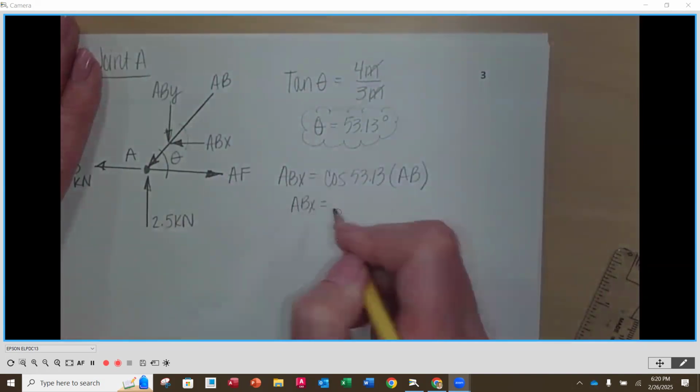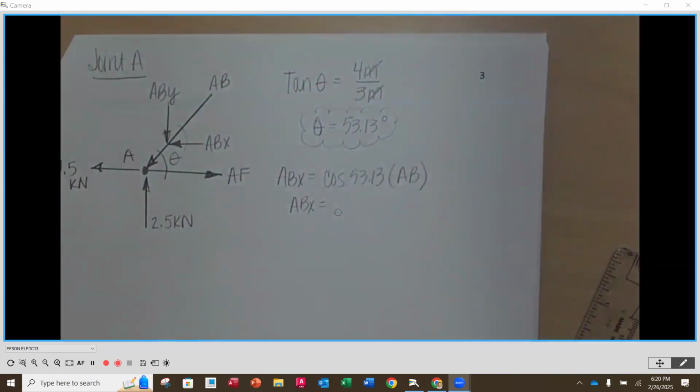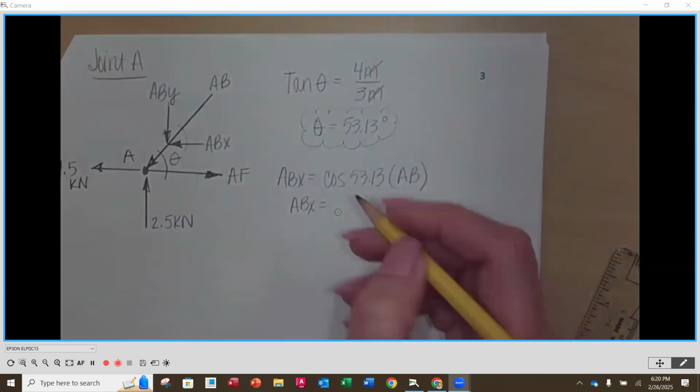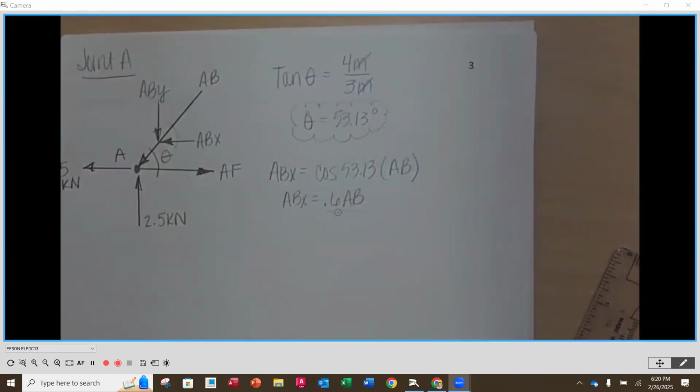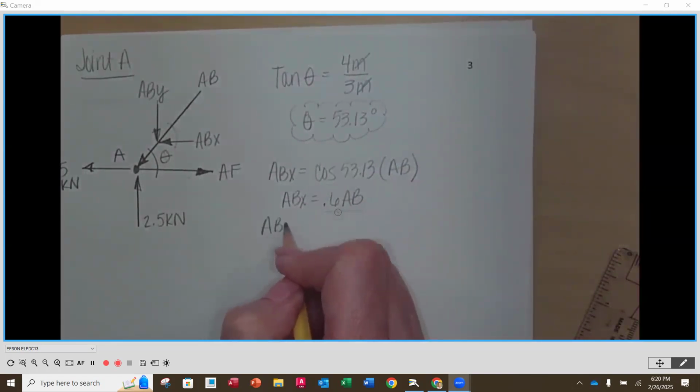So ABX, if we take 53.13 and do the cosine, that's going to be 0.6 times AB. Okay, so when we are putting the ABX in place in our equations, we're instead going to substitute 0.6 AB.